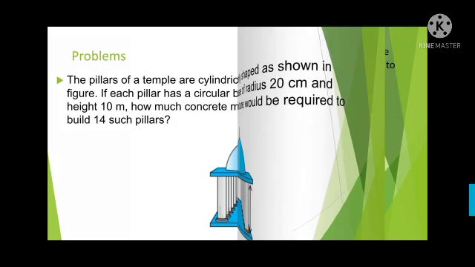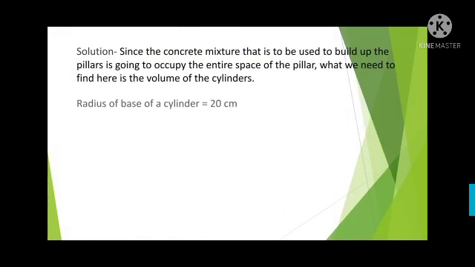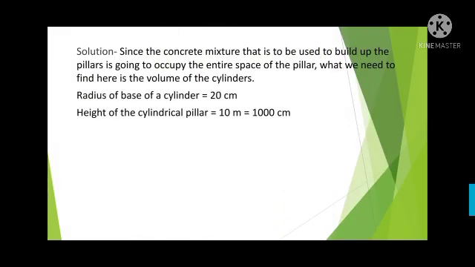Now 10 meter is equal to 1000 centimeter. Here I have written first the statement: since the concrete mixture that is to be used to build up the pillars is going to occupy the entire space of the pillar, what we need to find here is the volume of cylinders. So the whole cylinder will be filled up with the concrete.